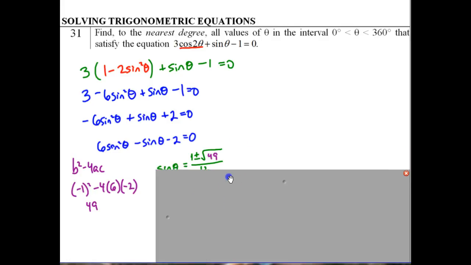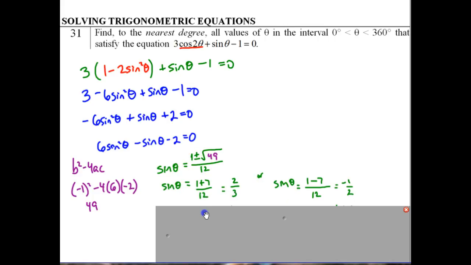So when I substitute that 49 into the quadratic formula, remember the quadratic formula is x equals -b plus or minus the square root of b squared minus 4ac, which is that 49, all over 2a. So 2 times 6 is 12. This plus or minus forces me to split it up into 2 though. So I've got 1 plus 7, which is the square root of 49, over 12, and that simplifies to 2/3. Or, from the plus or minus, I've got 1 minus 7 over 12. That simplifies to be -1/2.